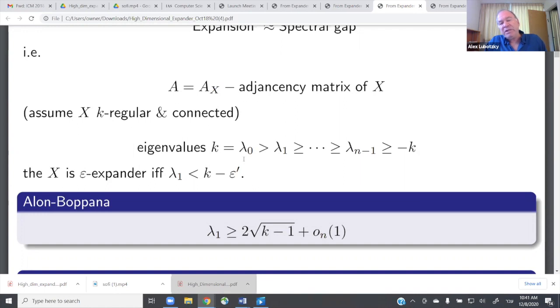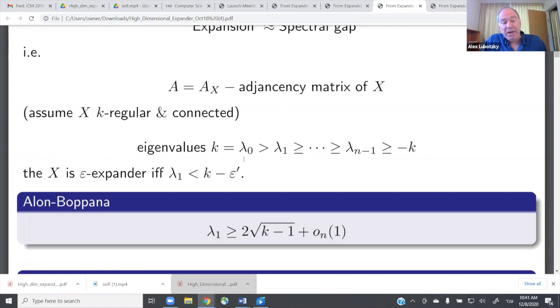If they are small in absolute value, then the random walk would converge very quickly to the uniform distribution, and it's not difficult to imagine why this is an important property in algorithmic computer science, and also in various mathematical contexts.